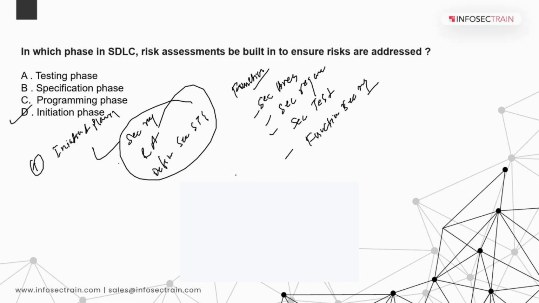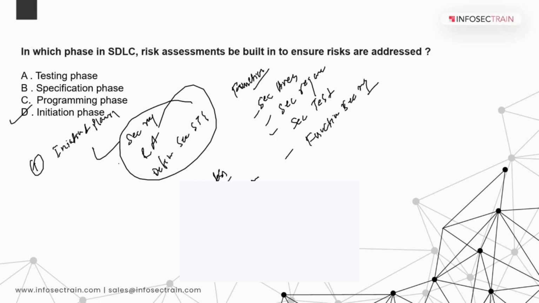Now if you go to system design, you have to establish your security specification. Second, you have to update your security test plan, because you are going to test security, right?